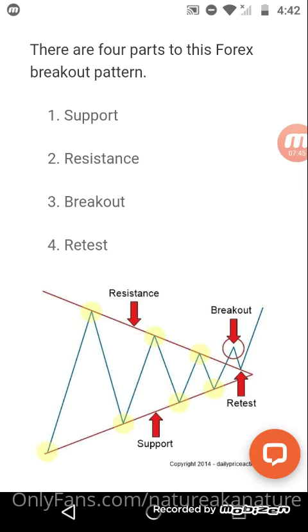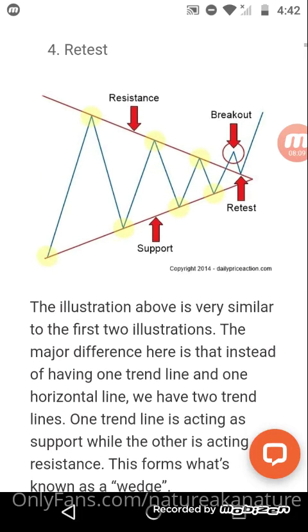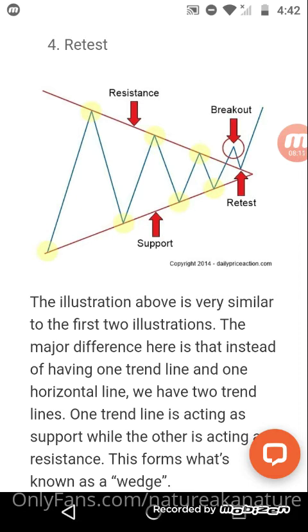Once it breaks out of a resistance level or a support level, it will always retest that resistance or support level it just broke out of before going back up. It's called the bounce. Once it retests or makes the bounce, that's when you get in. Or you could be aggressive and just get in once you see the break.